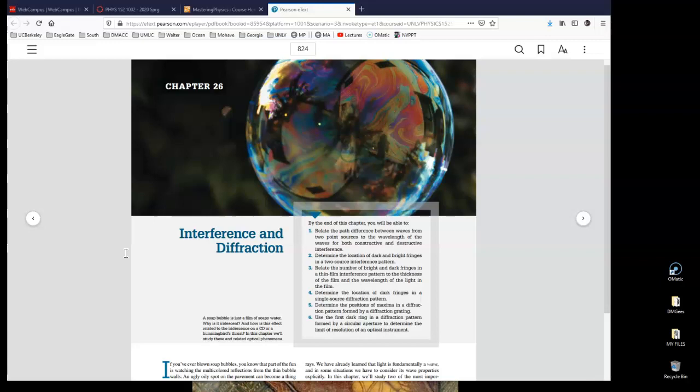It's all about interference. Then we're going to jump to section 8, which is circular aperture and resolving power. So we're just going to be covering sections 1, 2, and 8. Those are the only sections that we're going to cover in this chapter.